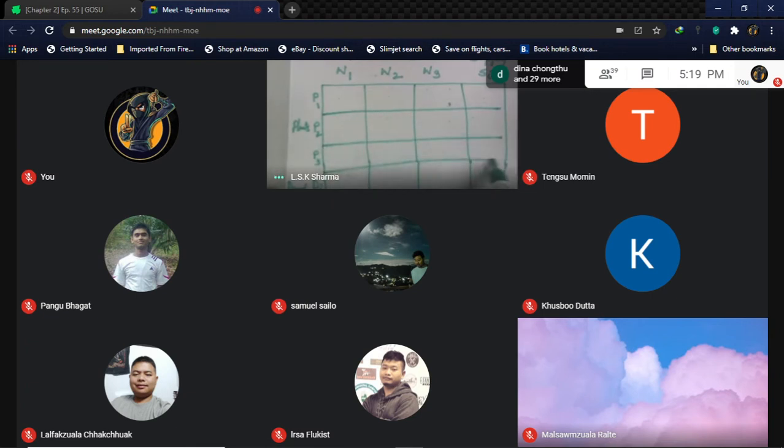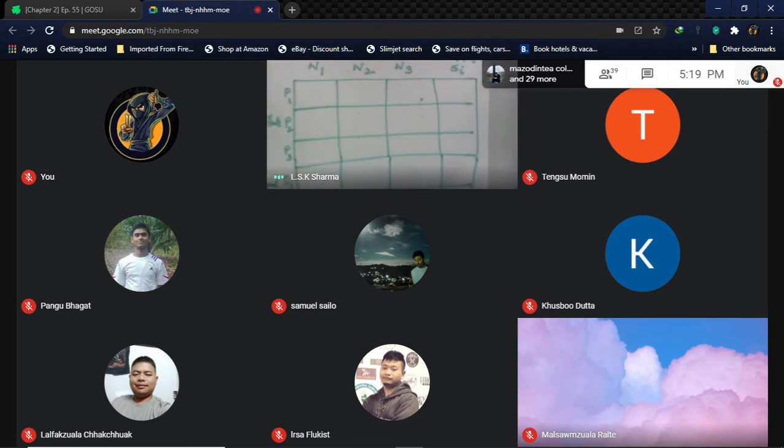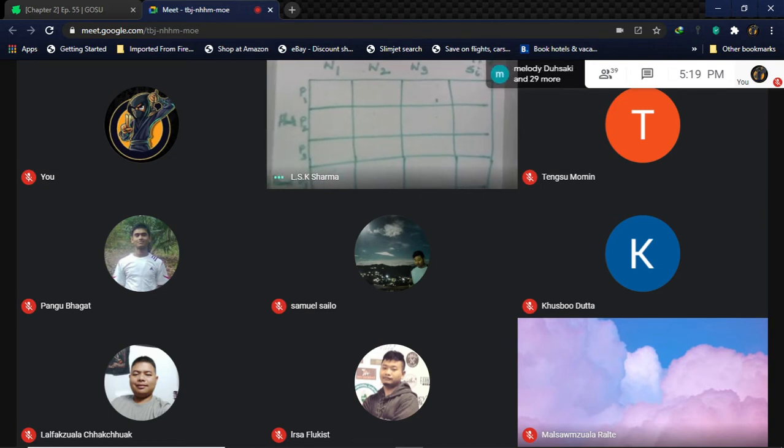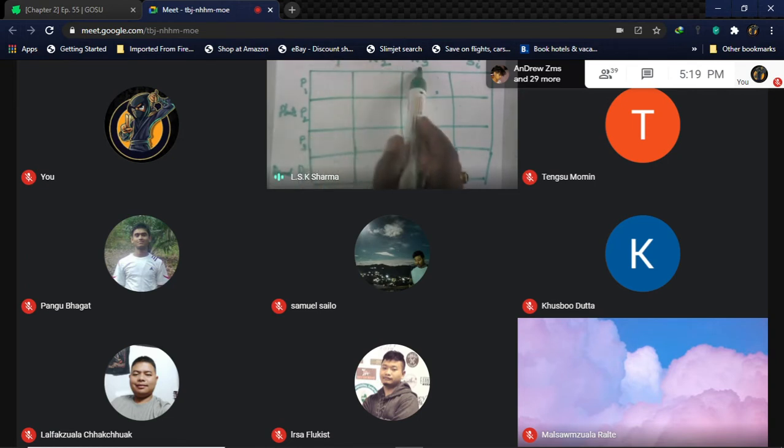So for 3 plants and 3 warehouses, what I have is a diagram somewhat like this: P1, P2, P3, and Dj. Then you have W1, W2, W3, and Si.